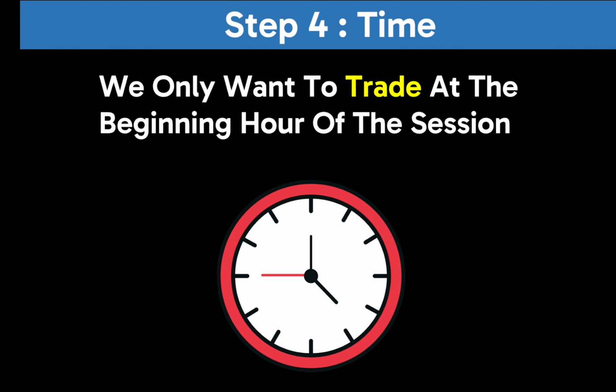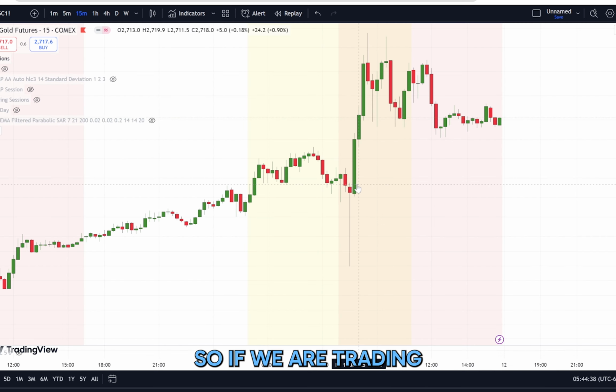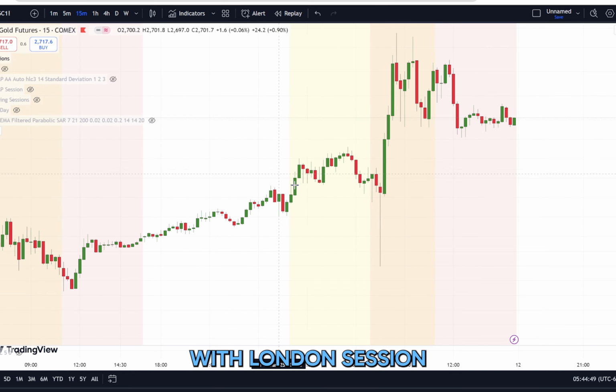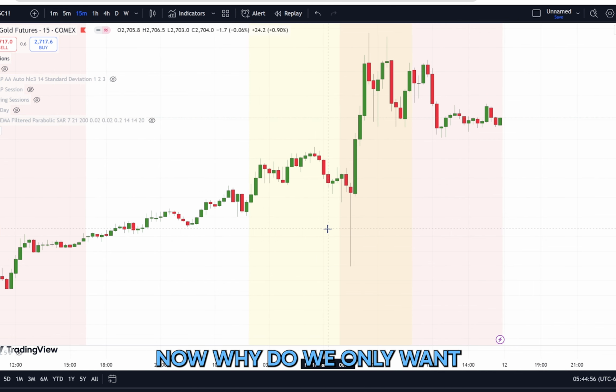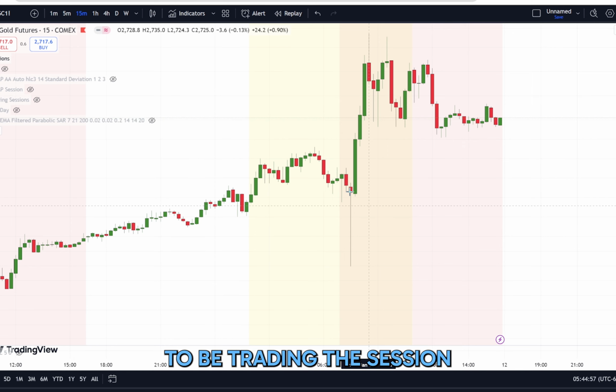Now the step 4 of this strategy is understanding time. We only want to be trading during the beginning hour of the session opening. So if we are trading New York session, we mainly only want to be trading from about 7 to around 8 to 8:30. Same thing with London session, we only want to be trading around 2 to around 3 to 3:30. Now why do we only want to be trading the session opening?